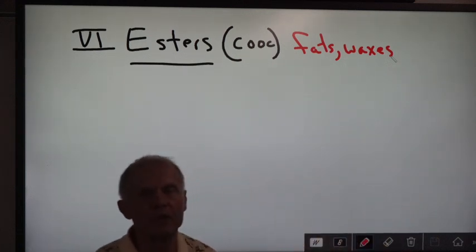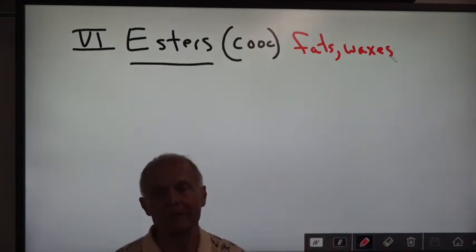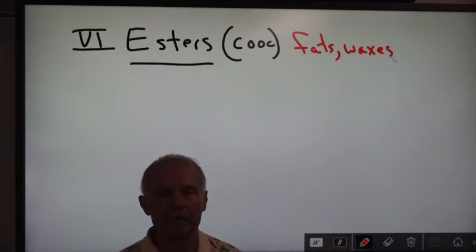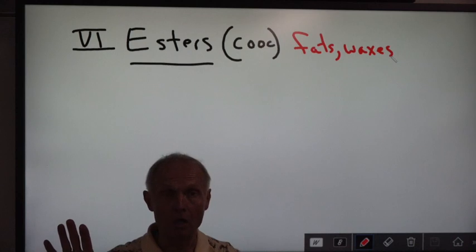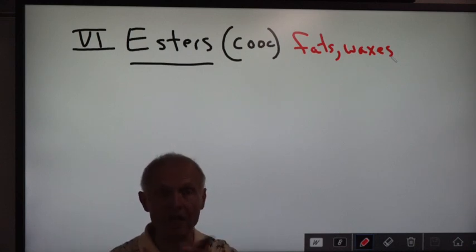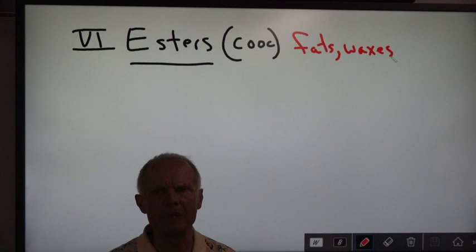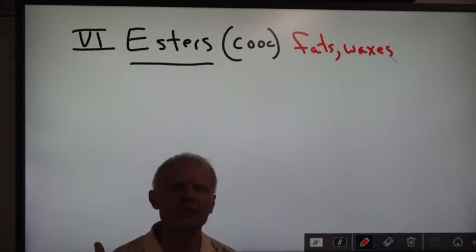But the really cool thing, and unfortunately we can't do it because of course COVID, but we were going to do a lab where you put an alcohol and an acid together, and you get great smells. Banana smells, juicy fruit, spearmint, apples, oranges, peaches.